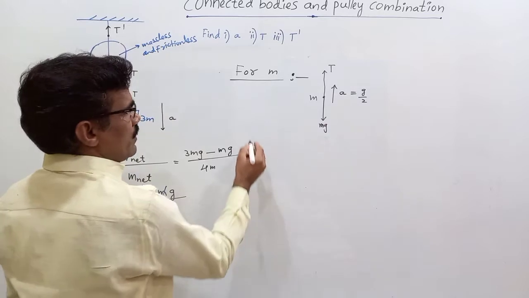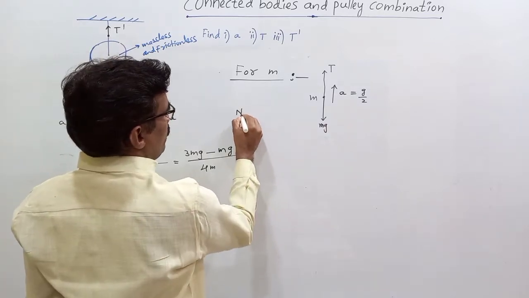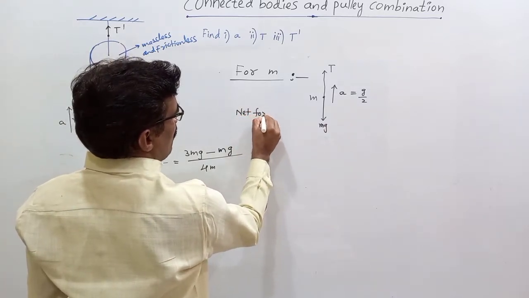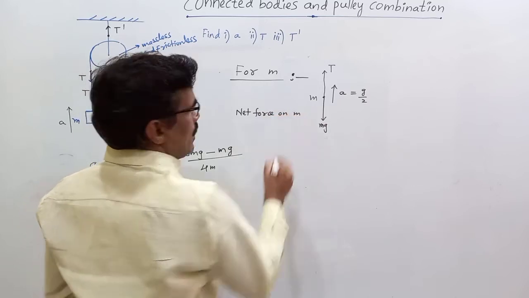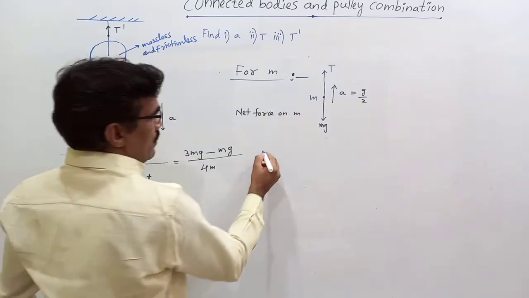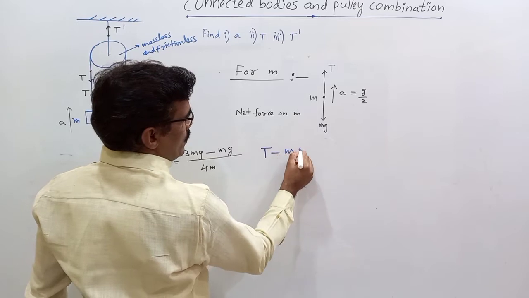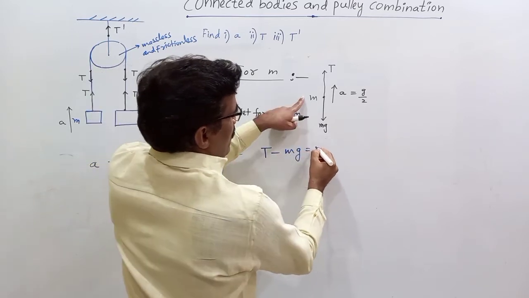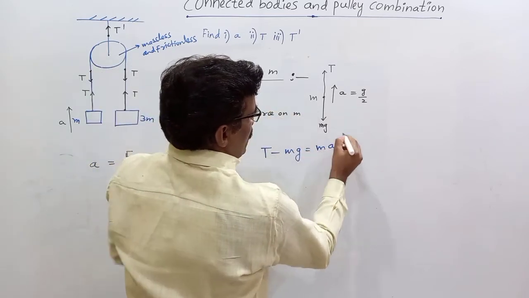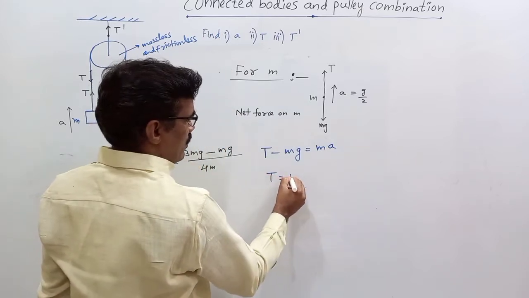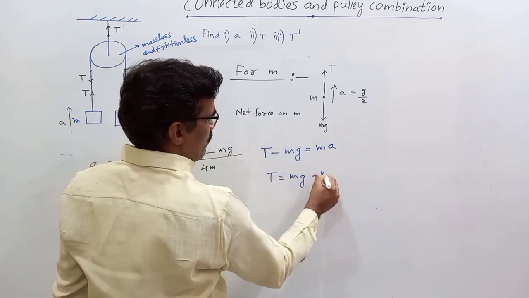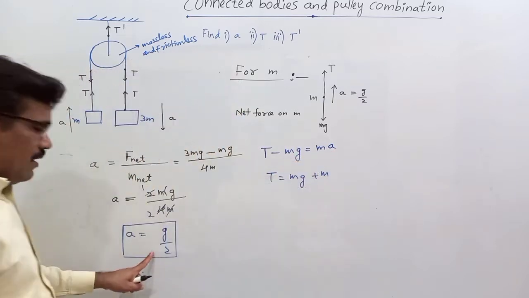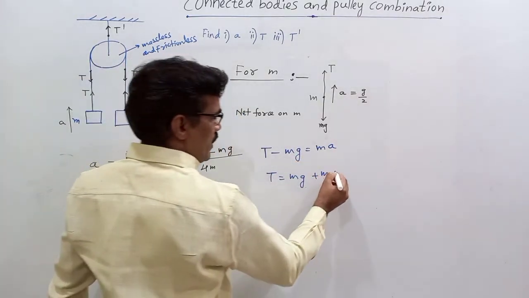Therefore, tension in the string. First of all, write the net force on M. Net force on M is T minus mg equal to mass M into acceleration a. Here T is equal to mg plus M into a, whose value we already derived, that is g by 2, sir.